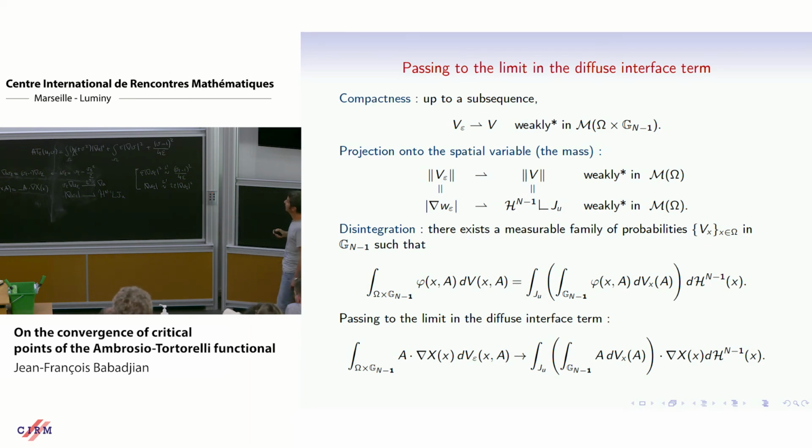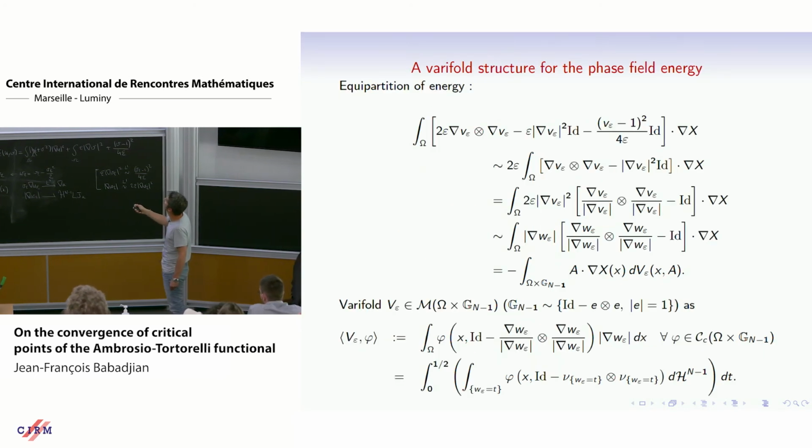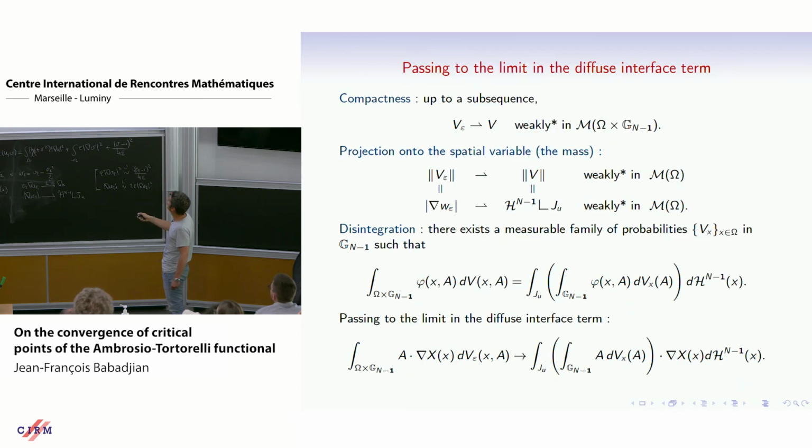Now I can pass to the limit in the term in the previous slide, and it gives me the following expression. The idea to identify this limit expression is to identify what is inside the parentheses here, which is the first moment of the measure V_x.